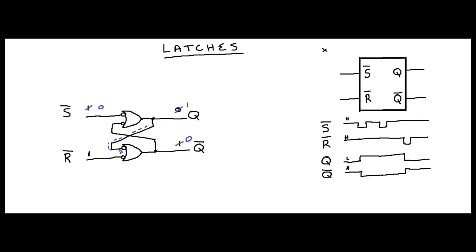This 0 is also going to be transferred down here all the way to the input of this OR gate. This is going to be inverted, so it's going to be a 1, and obviously we already have an output of 1 there, get it? So you just went through what happens when you go from reset to set on a latch.